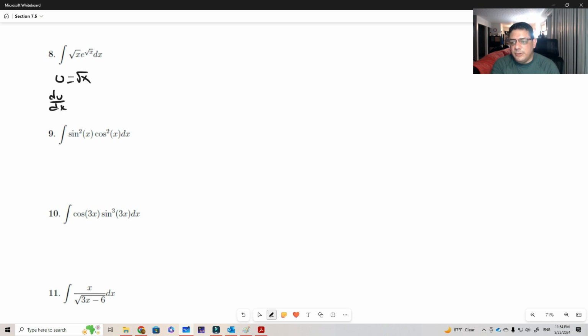Then du/dx is 1 over 2 square root of x, right? And so that means that du is actually going to be 1 over 2 square root of x dx. But notice that we don't really have it in there.